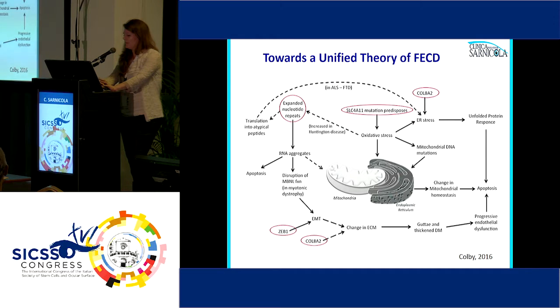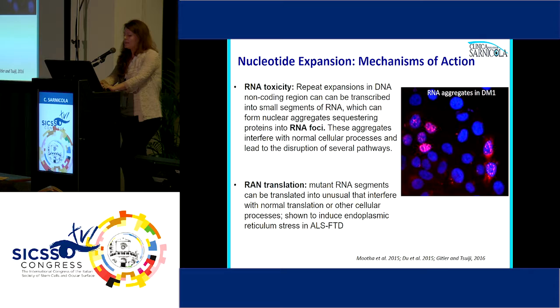And the rest is the dotted line. In particular, at the heart of the image, we have the mitochondria, which are the main alleged culprit for Fuchs dystrophy.